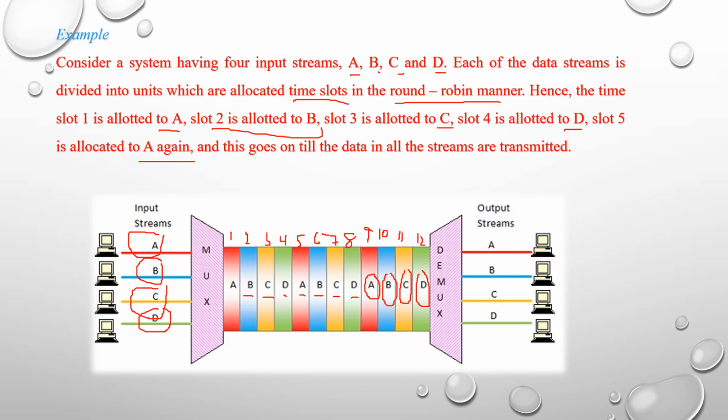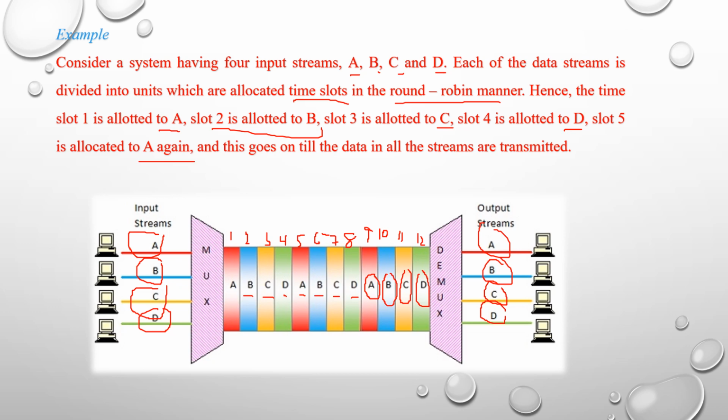This multiplexed output is connected to the demultiplexer. The main function of the demultiplexer is to receive the signal and convert it into the original streams. The demultiplexer input is a single input and the output is multiple outputs. So the outputs are A, B, C and D. In multiplexing and demultiplexing, our intention is to transmit multiple signals through a common communication channel.